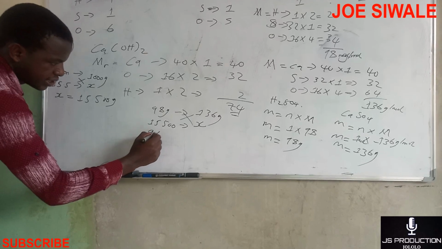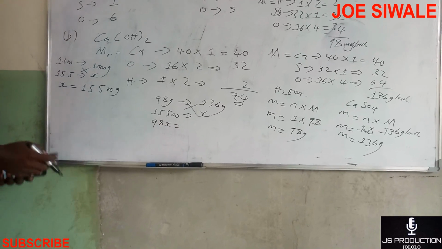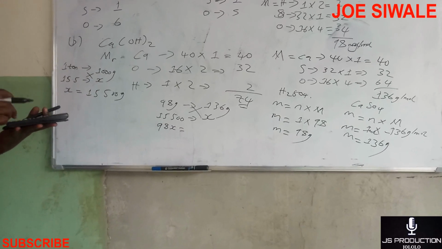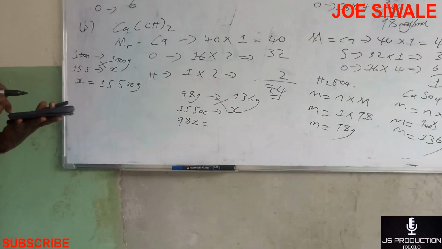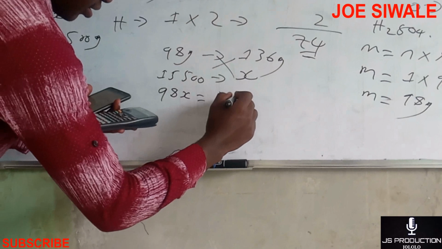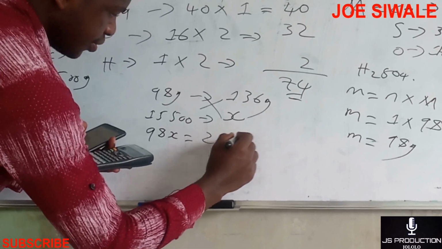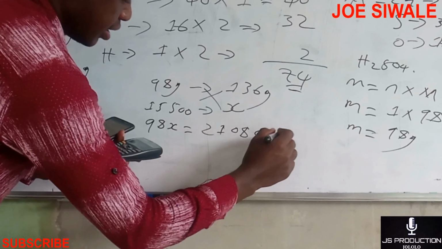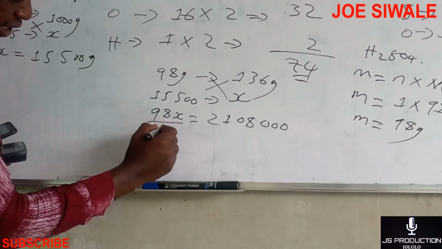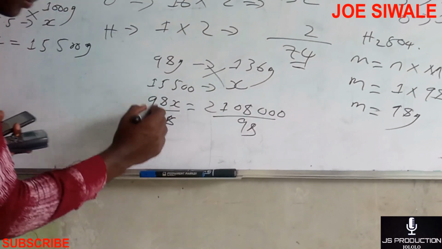I have 98x is equal to 15,500 multiplied by 136. I'm having 2108 and 3 zeros.